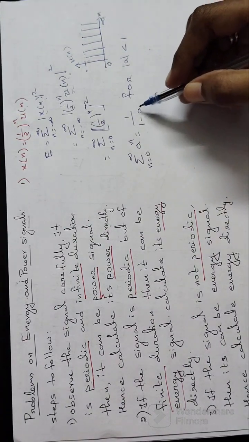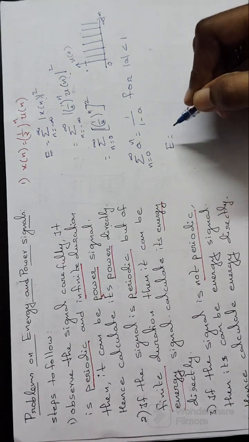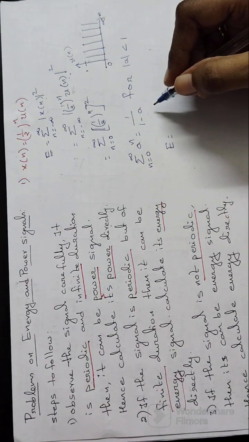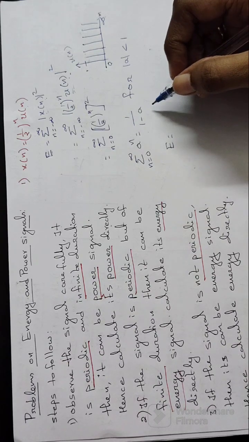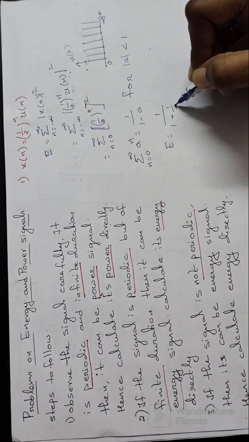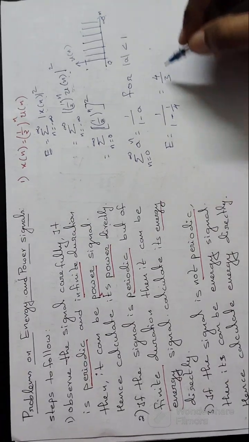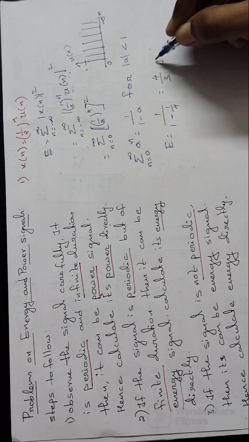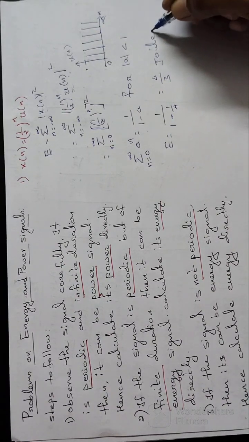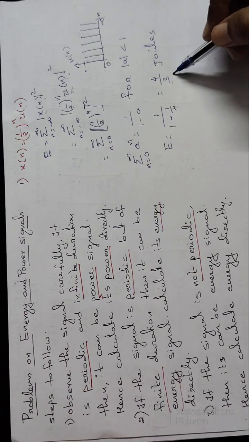Using this formula, E is equal to 1 by 1 minus 1 by 4, that is equal to 4 by 3. The unit of energy is joules.